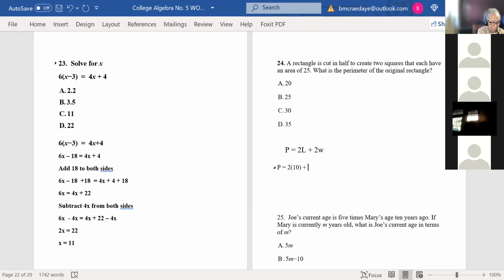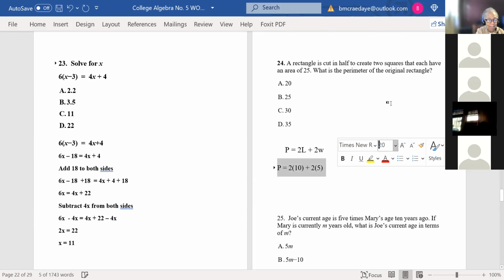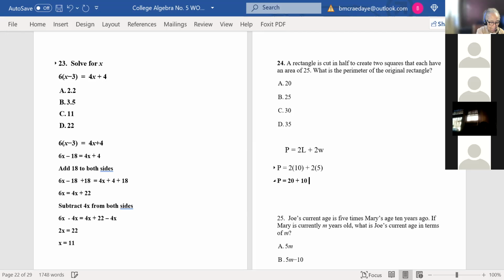What was the width? 5, that's right. And then when we add this together, what do you get? 20 plus 10, 30. The answer is C, as in Charlie. That's right. So your P would be equal to 20 plus 10 equals 30. Got it? Yeah. Okay, so that would be your answer.